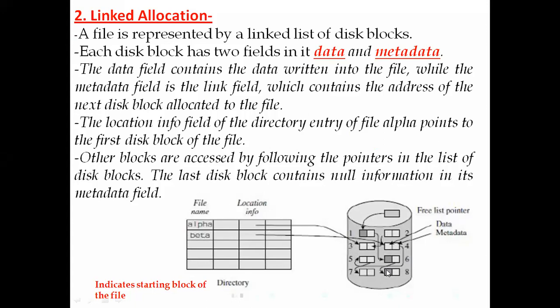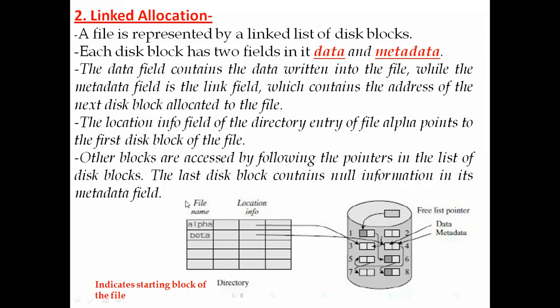The first field stores the data I want to write into the file, and the second field indicates the address of the next disk block allocated to the file.